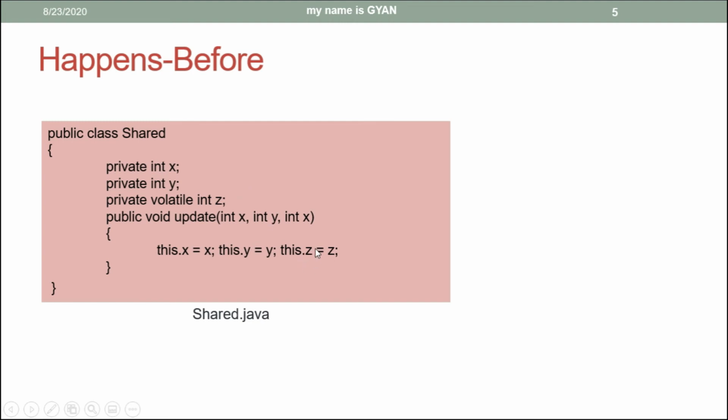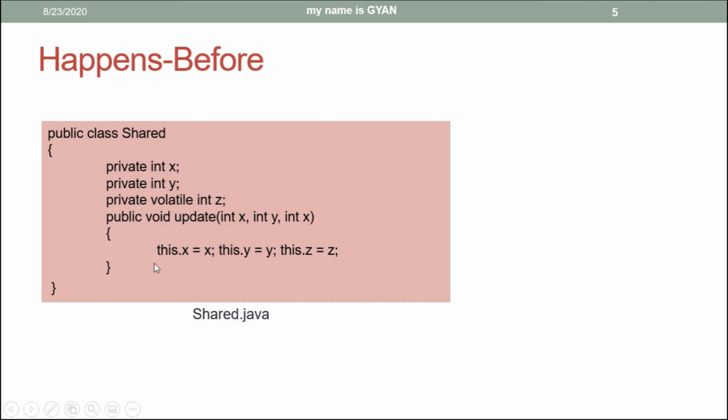When the last variable gets updated and that variable is the volatile variable, then all the variables will be written to the main memory, because all the variables belong to a single object of type Shared. But think the other way. What if we update the variable z before the variable x and the variable y?